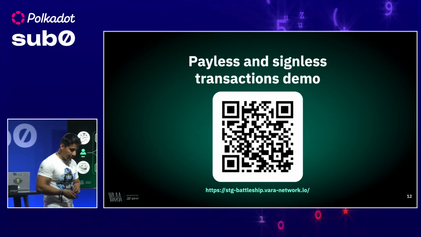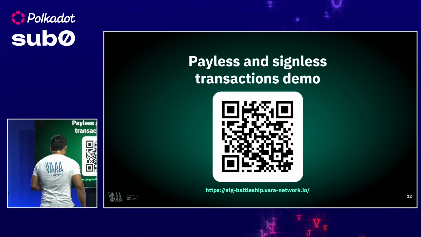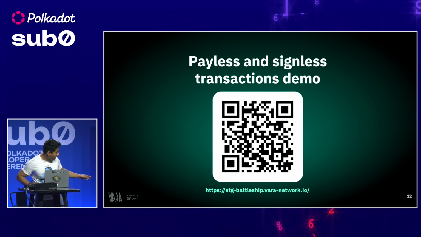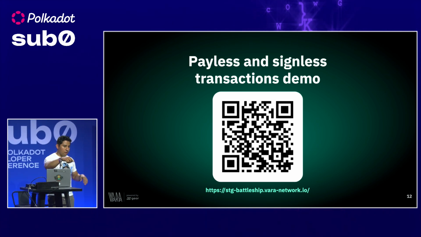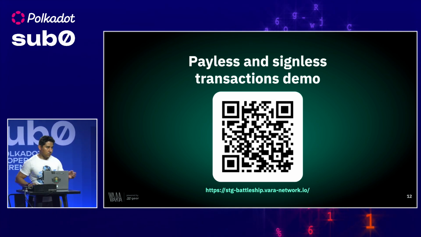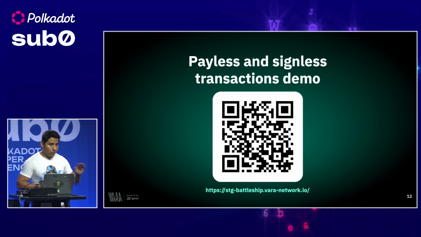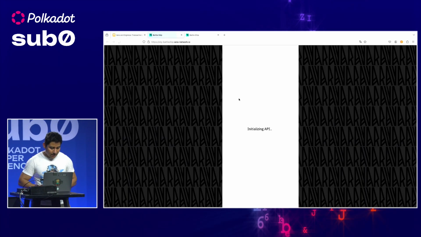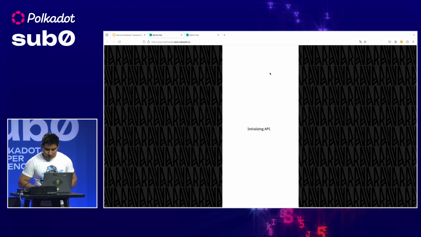Okay, let's play with the battleship. We have a demo if you want to scan the QR just to have fun on your own device. We're gonna do this thing, but we're gonna do it in a fancy and interesting way.